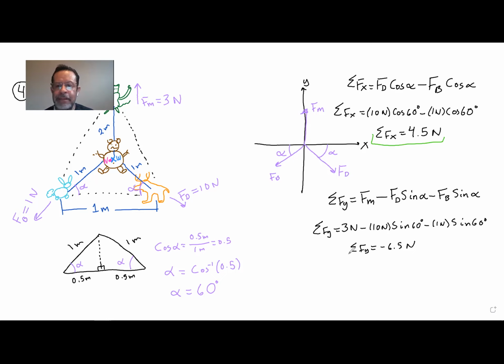And I'm glad that that kind of doubt came about, because what does this mean? This means that the net force has a component that's going this way. That's the sum of forces in X. And it has another component that's going this way.